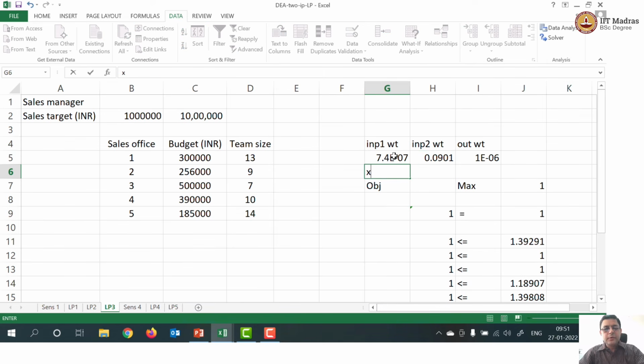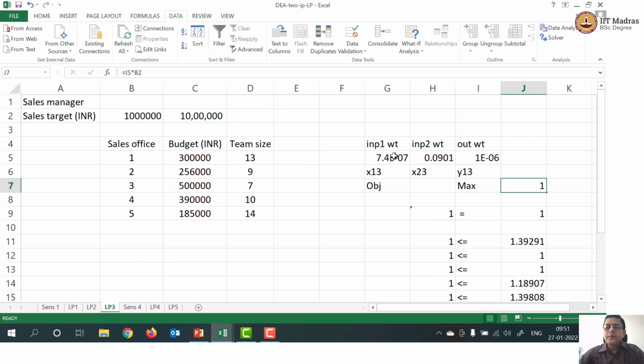Just to tell you, this is x1 3, this is x2 3, second input of the third DMU, and this is going to be y1 3. If we allow sales office 3 to pick its own input and output weights, DMU 3 is able to tell us that it can give an efficiency of 1.